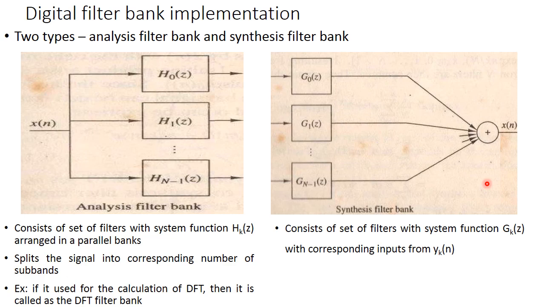This consists of system functions Gk of z with the corresponding inputs, say yk of n, or whatever outputs you have here. Finally the outputs are summed to form a synthesized signal, because we divided the input signal into several frequency components, and here we need to add them together to get the time domain signal back.